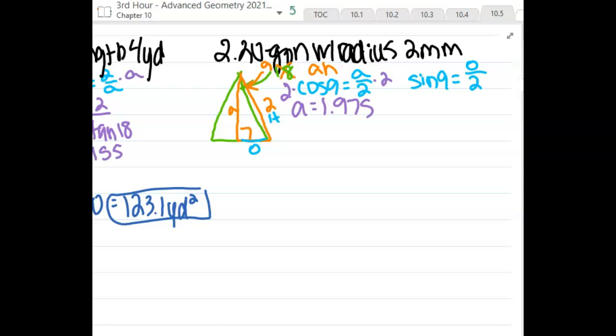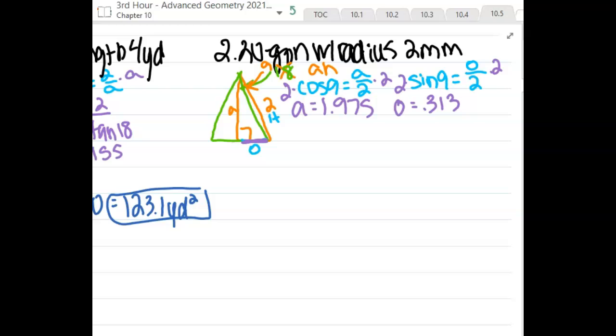And you're going to do the similar thing. You're going to multiply both sides by 2. And when you take 2 times sine of 9, you should get about 0.313. Okay, but you have to be really, really careful here, because that's not my side length, not the entire side anyway. That's just half of it, right?